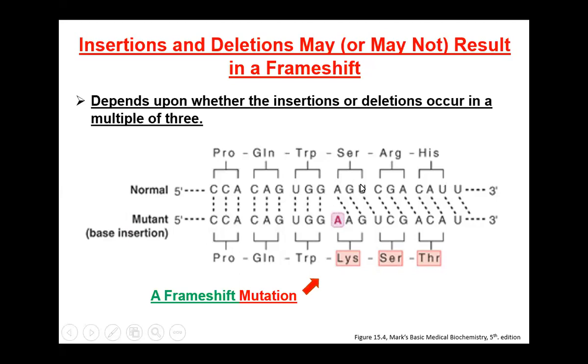We would still get arginine and histidine and so forth. So any insertions or deletions in a multiple of 3 is not going to cause a frame shift. Is that clear to everyone here? Okay, so that's an important point to understand about insertions and deletions.